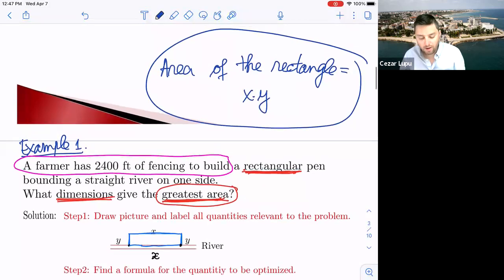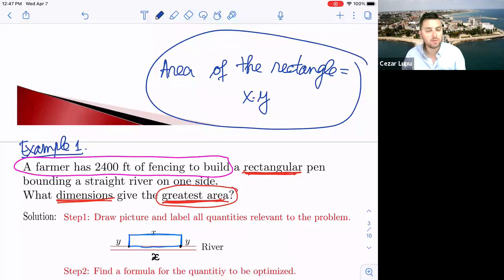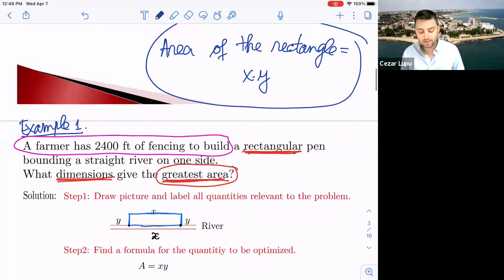So we need to find a formula for the quantity that we want to optimize. In our case, we would like to optimize the area, well, the greatest area. So A is X times Y. The dimensions are X and Y, and I would like to find the maximum area.